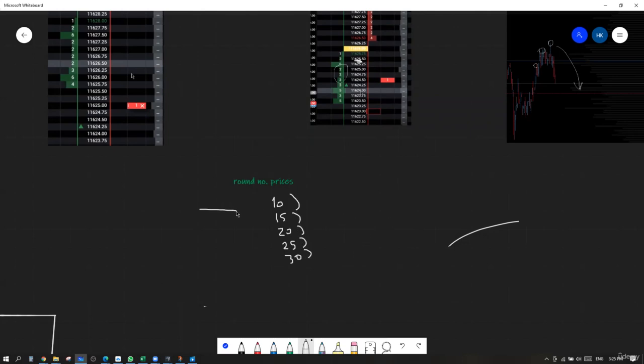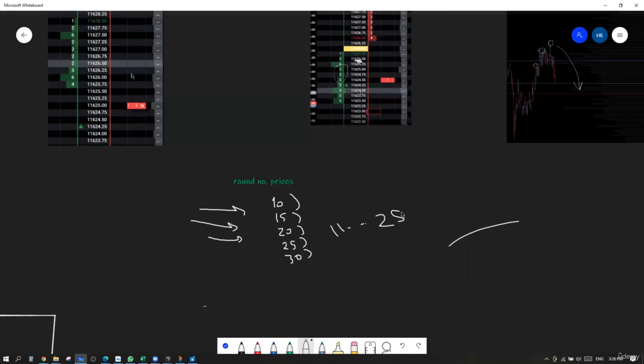The round numbers are usually liquid prices within a very small time frame, because this is where hedge funds and big institutions like to interact with the market and enter big orders. So these round numbers usually offer liquidity. When you want to enter a trade around a round number, for example, let's take 25 as a round number, 11,000-something and 25.